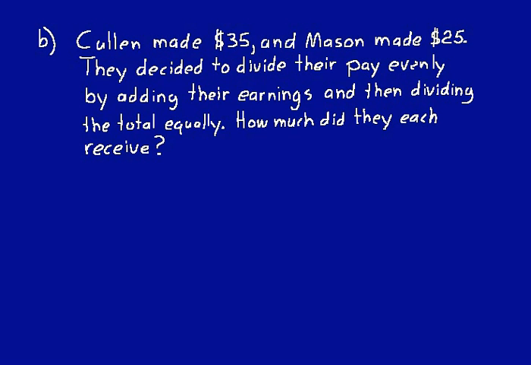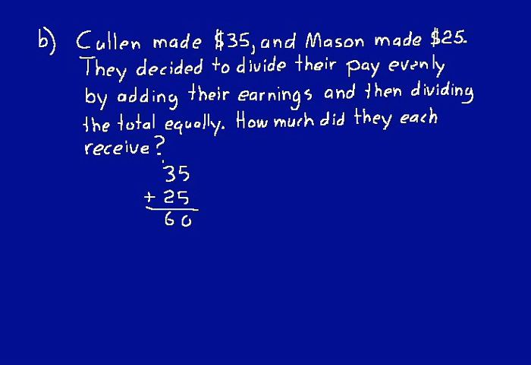You had some, $35, and then you added some more to that, $25, to get a total. And then they divided the total equally, so that's an equal group story. And so let's do the sum and some more story. And so we have 35 and 25. And so we'd have 5 plus 5 is 10, and then $60. So when they add the two amounts together, you get $60.